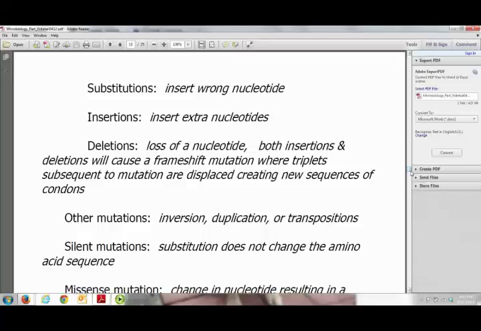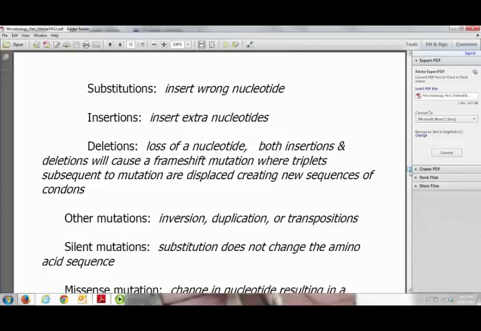Both insertions and deletions end up causing a frame shift mutation where the triplets subsequent to the mutation are displaced and it creates new sequences of codons. It essentially is going to change your frame of reference for reading, and you will end up reading entirely new codons instead of the intended ones.